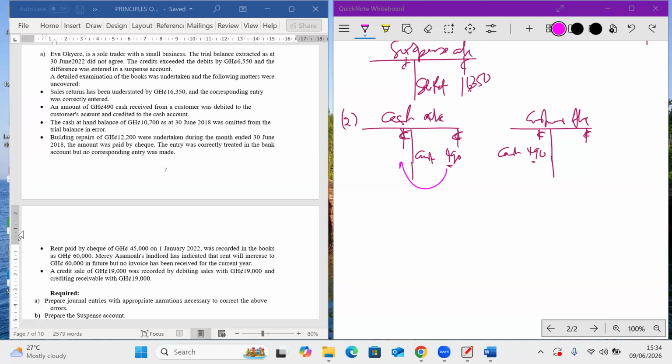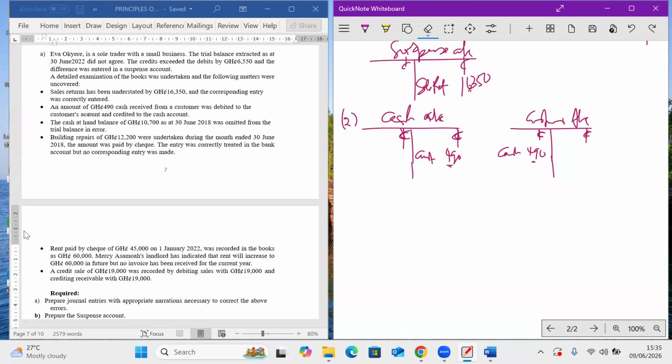So if they are to record the 490 on the debit side, how should it be recorded in the customer's account? It should be credited. So both of them are errors. Yes, that's what I wanted you to do.